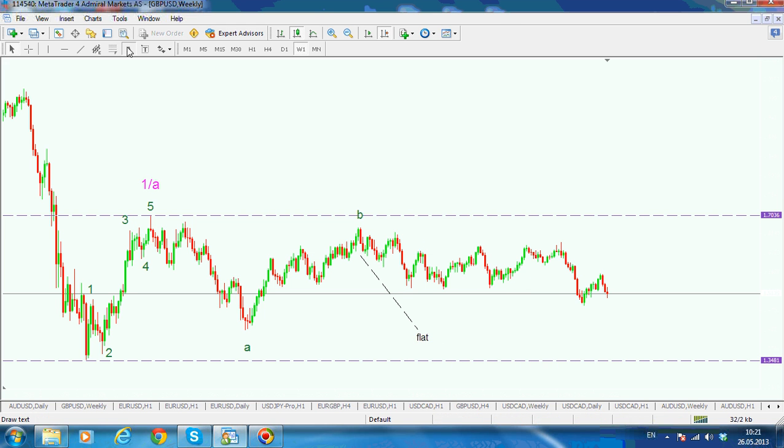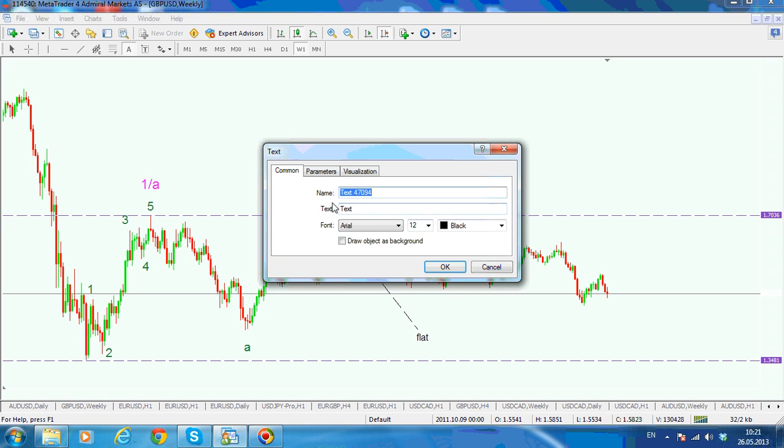Flats come in the sequence of an ABC, but this ABC is 3, 3, 5.